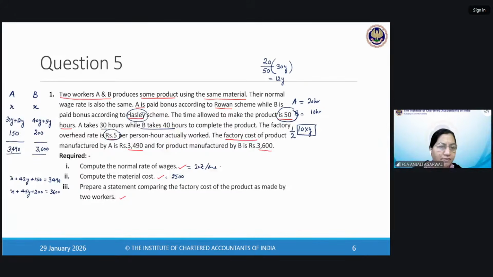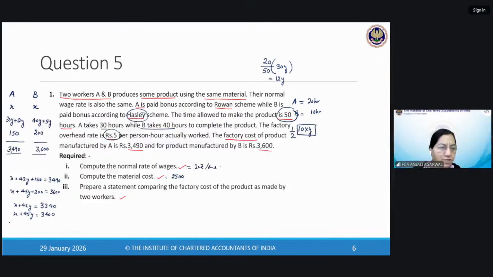So if we subtract 150 from both sides in the first equation, you will have x plus 42y is equal to 3340. And you'll subtract 200 from both sides in equation 2. x plus 45y is equal to 3400.